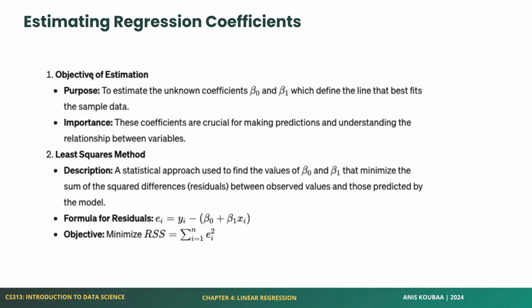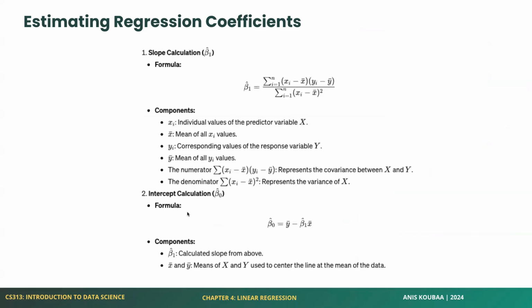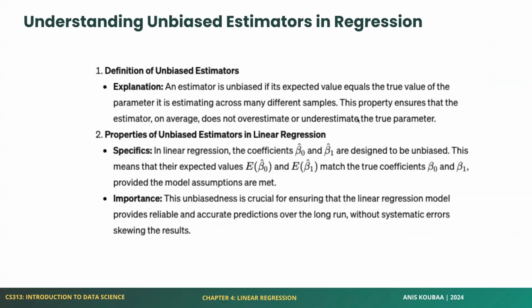So the objective of the estimation is to minimize the residual squared errors. And finally, we will find these derivations as we already introduced in the previous slide. Is there any question? No, sir, no question. Okay.